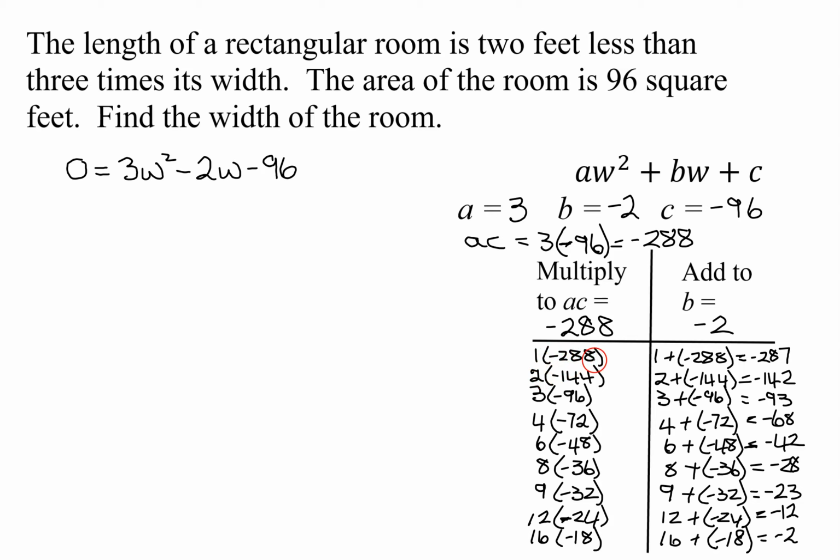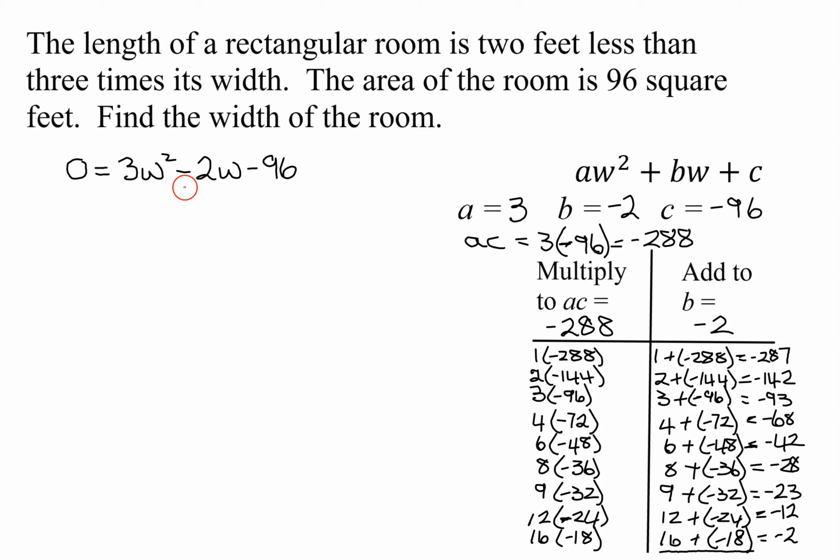I tried 1 and the number, 2, 3, 4, all of these numbers dividing in until finally I got to 16 times negative 18 is negative 288, and 16 plus a negative 18 is negative 2, which was the number I'm looking for. So these here, they're not my factors. They're going to help me find my factors.